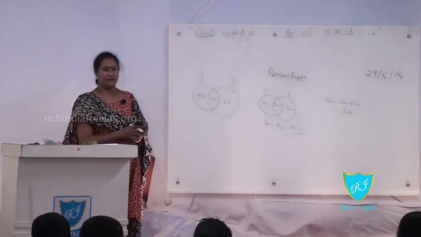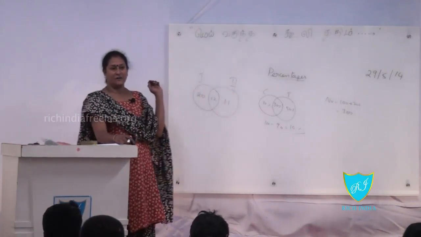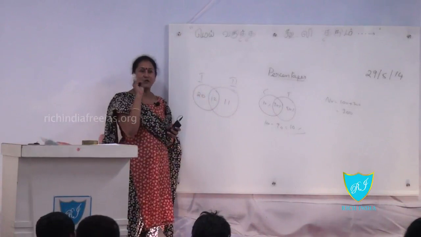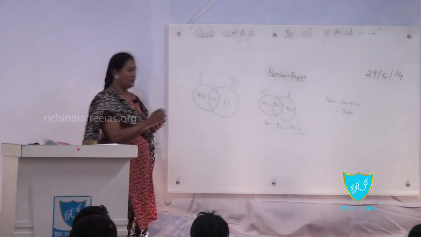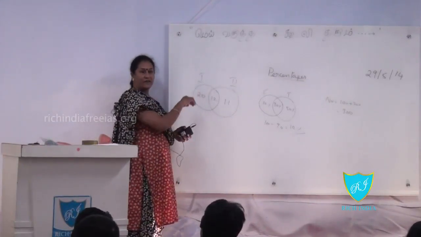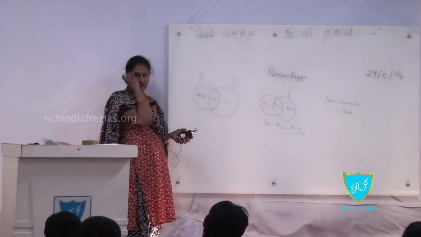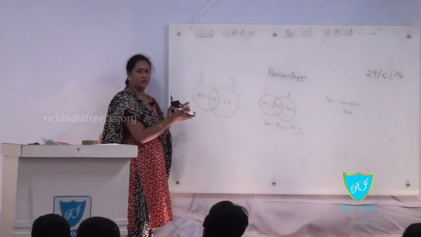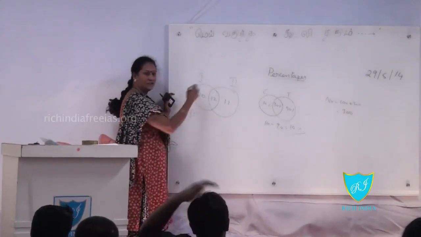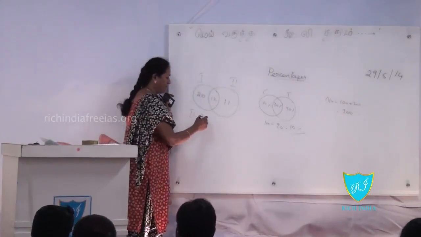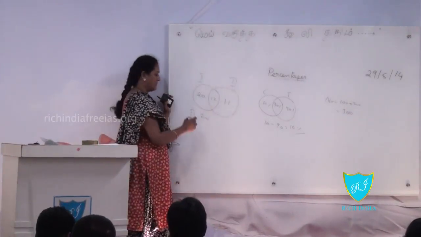You are asked to find, so if they ask how many passed in both, add all and subtract from 100, but they have asked how many passed in only one subject. So what will be the answer? It is 31. So this 20%, they failed in which subject? First subject, say science. So in this subject this 20% failed. So this implies that they have passed in the second subject. And this 11% has failed in this one, so they have passed in the first subject.